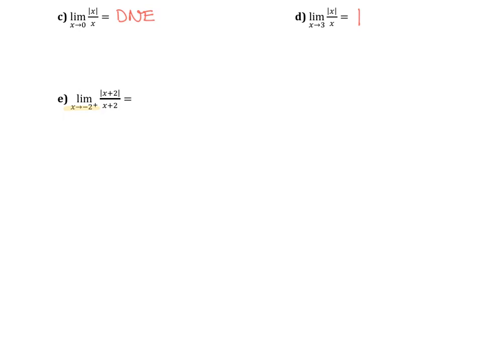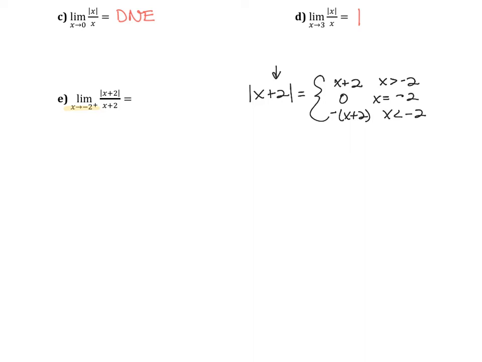Maybe even we go back to the definition of absolute value, which says that the absolute value of x plus 2, as a piecewise function, would be x plus 2 when x is greater than or equal to -2, 0 when x equals -2, or the opposite of x plus 2 when x is less than -2, because this is a graph that is shifted to the left 2 units. So if we look at a graph, this is an absolute value graph that looks something like this.